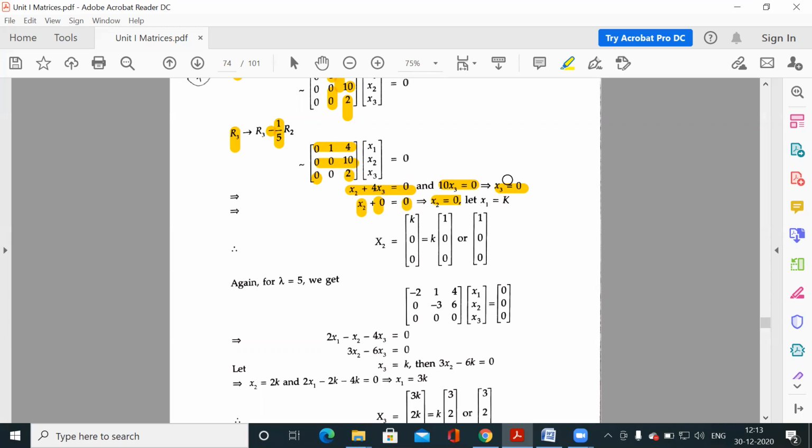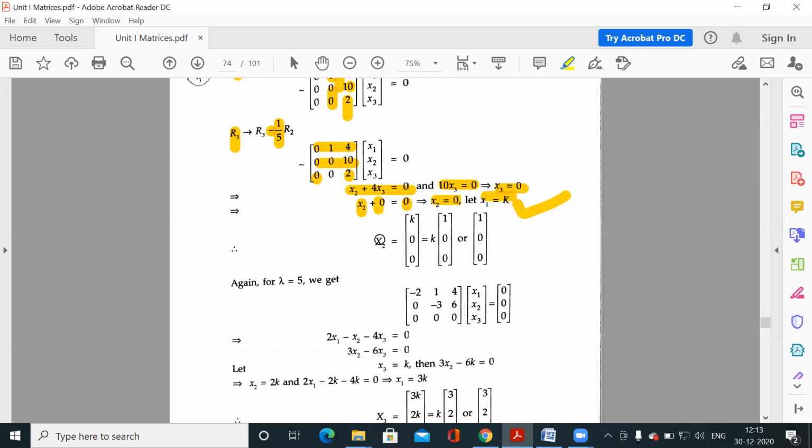So x1 must be independent. Because the first equation is 0x1 plus x2 plus 4x3, 0x1 means we can take any real number for x1. So x1 is k. Clear? So here we have one independent variable, and that one independent variable must be x1, not x2, not x3.